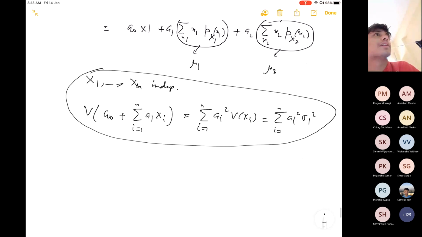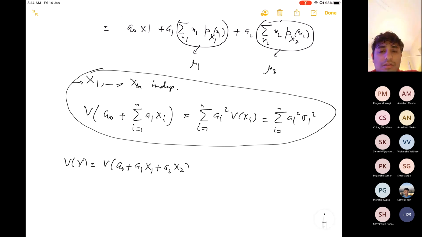So what will happen in general, if they may not be independent? Let us say that I want to find out the variance of y, which is the variance of a naught plus a1 x1 plus a2 x2. Let me take y as this value.